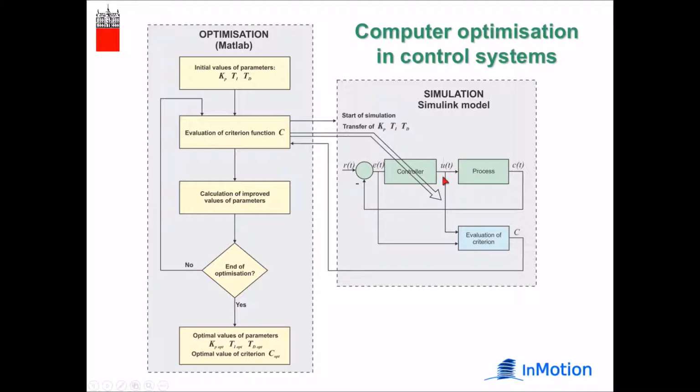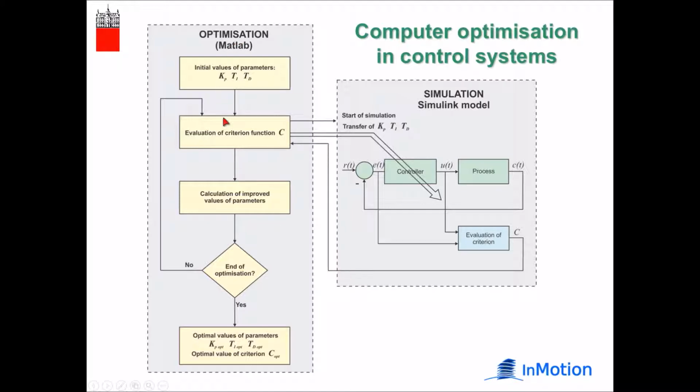This is the control variable, and this is the controlled variable. The evaluation of the criterion function is made using the error signal and also the control signal. This criterion function is then returned to the main program.